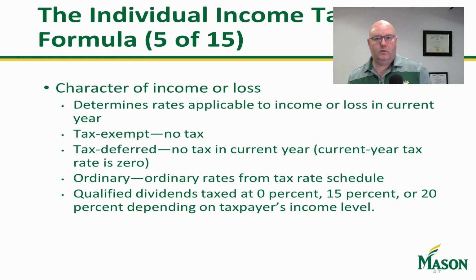Qualified dividends, and what it should also say up there is capital gains also, are taxed either 0, 15, or 20% depending on the income level. And the way it works out is if your marginal rate is 10 or 12%, you're going to pay 0% on the capital gains rate. If your marginal tax rate is 37%, you're going to pay 20%.